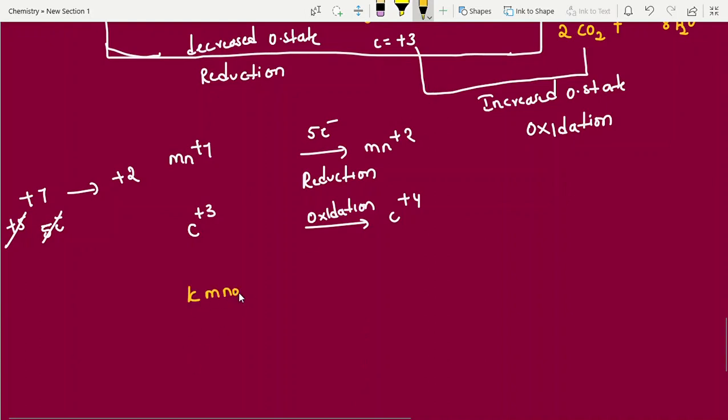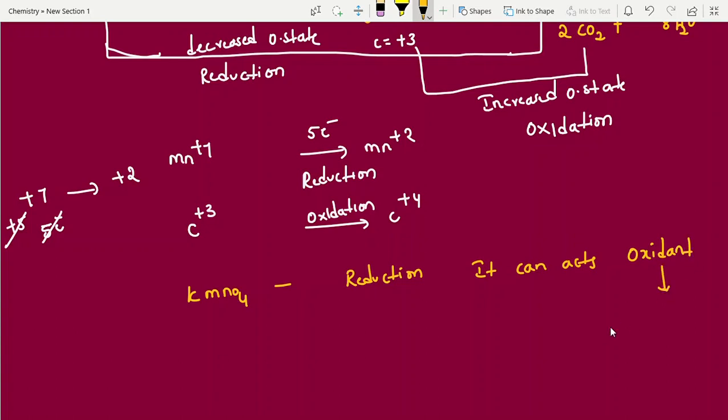KMnO4 is undergoing reduction. Who is undergoing reduction? It acts as oxidant. Oxidant is nothing but oxidizing agent. Okay. Next, H2C2O4.